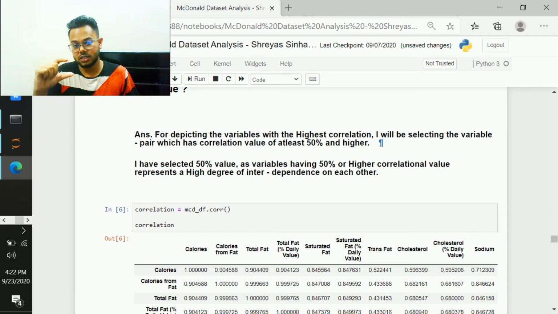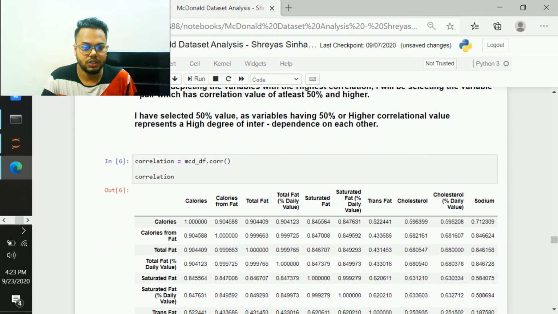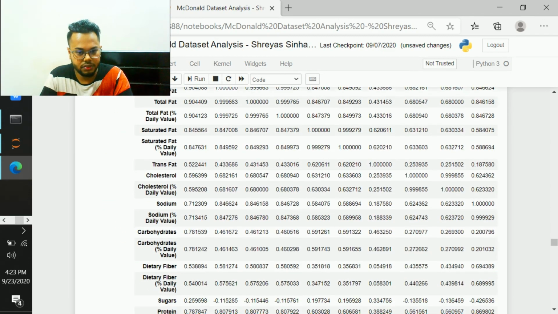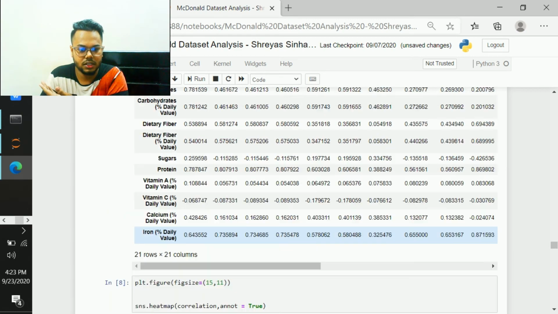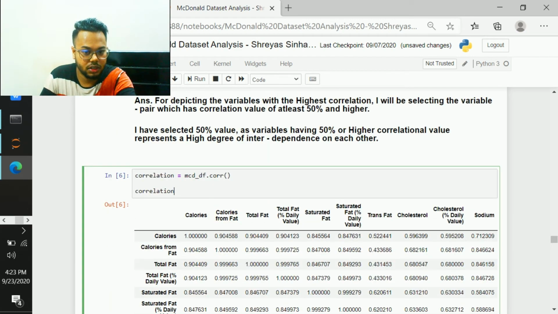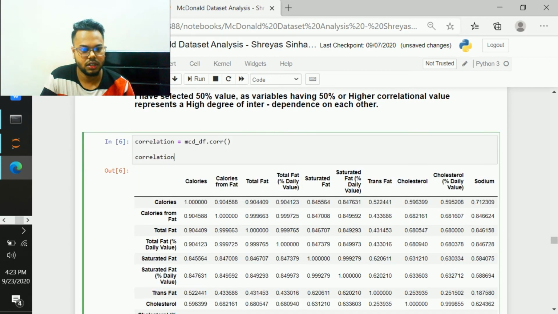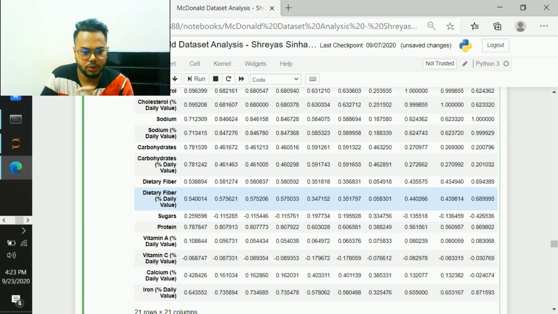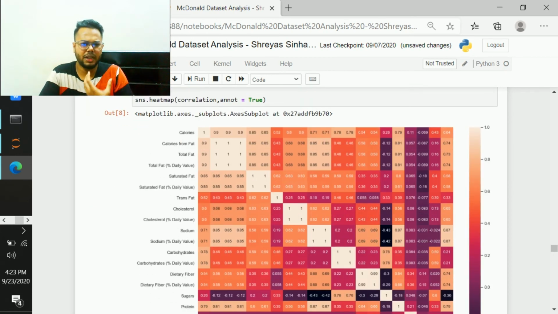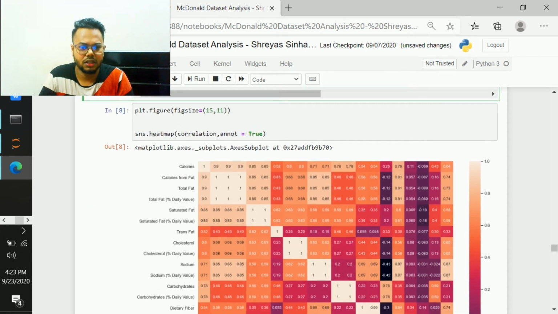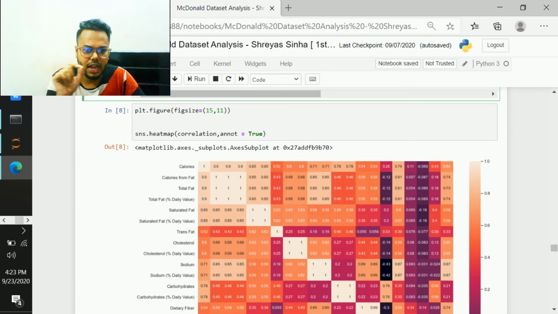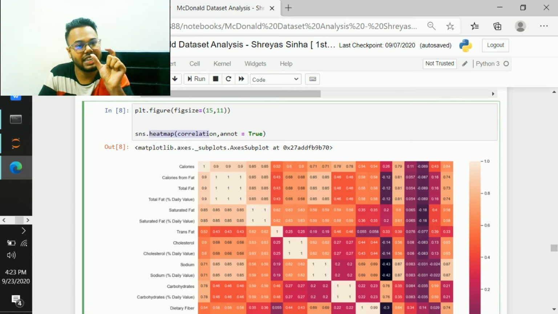I've mentioned the percentage of correlation, and here we do the correlation analysis using the dot corr function. Then we print the correlation values. It is much better to have visualizations, so the plot figure has a particular size, and I have plotted the entire visualization using the heat map visualization of correlation.